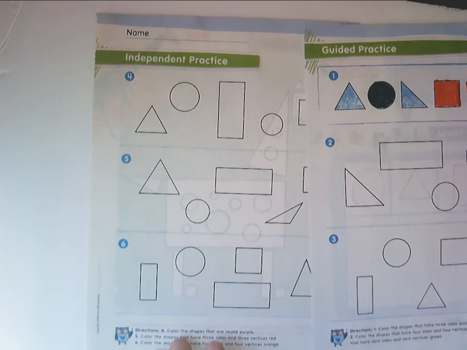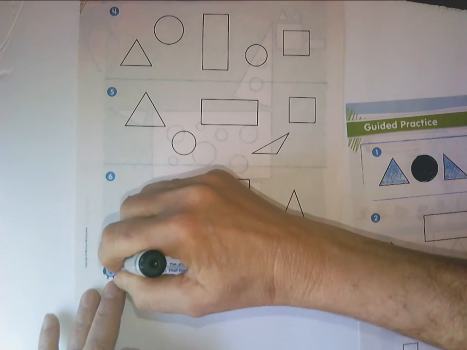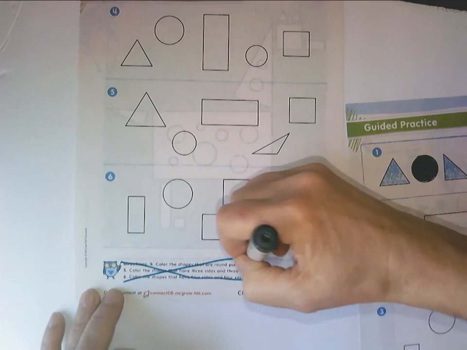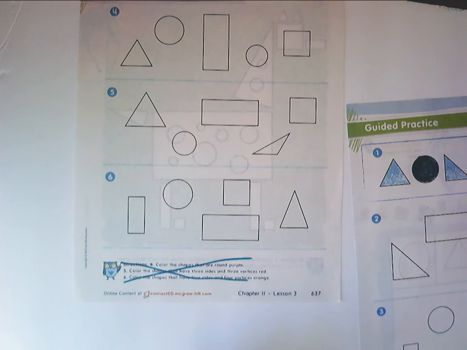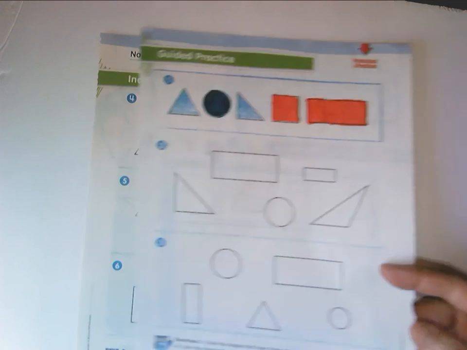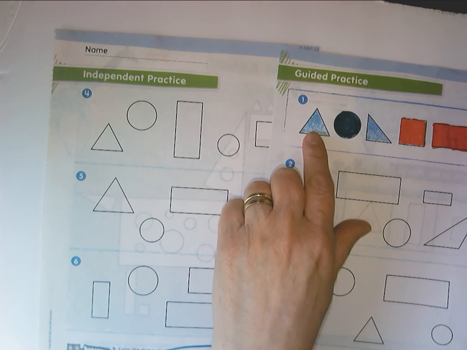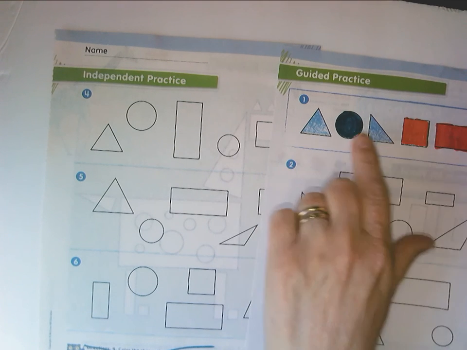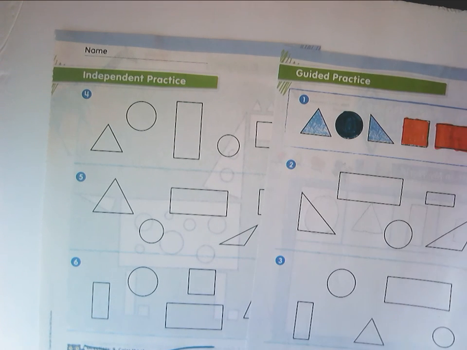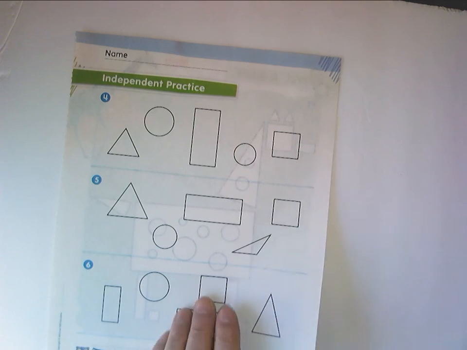Don't follow the instructions at the bottom. Mrs. Pettit's going to put a big X on these because we're going to do the same colors that we used for this page, which is 3 sides blue, 4 sides red, 0 sides green. Okay, that'll keep it a little easier. And you just do the same thing.